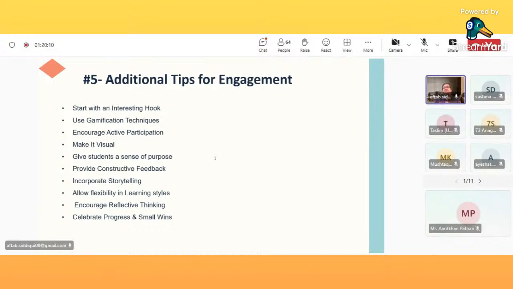When you introduce flexibility in your assignments, that will help the student grasp things. Maybe you are very visual, but they are not accepting visual learning. You can introduce auditory learning, you can make group learning. So always be flexible in understanding the learning style of the student. Make your teaching concept a bit flexible, and encourage reflective thinking.